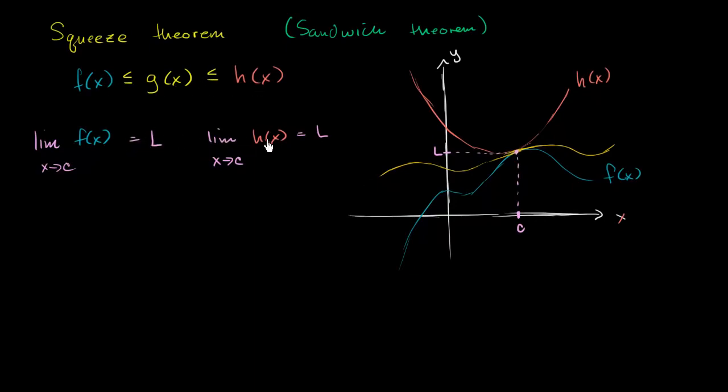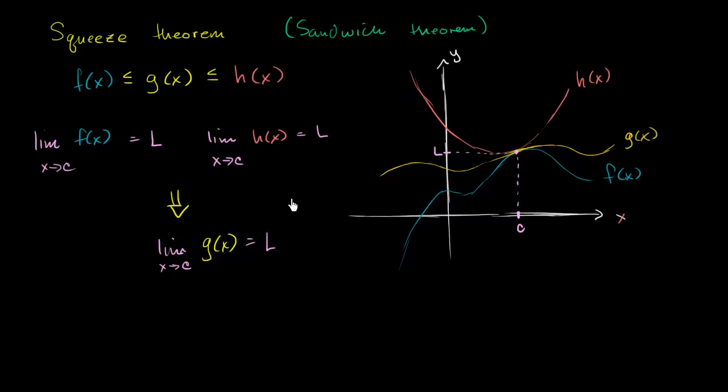If these limits are defined, and because we know that g of x is always sandwiched in between these two functions, then for that x value, let me get out of that food eating analogy, if all of this is true over this interval, this tells us that the limit as x approaches c of g of x must also be equal to L. And once again, this is common sense. f of x is approaching L, h of x is approaching L, g of x is sandwiched in between, so it also has to be approaching L. And you might say, well, this is common sense, why is this useful?